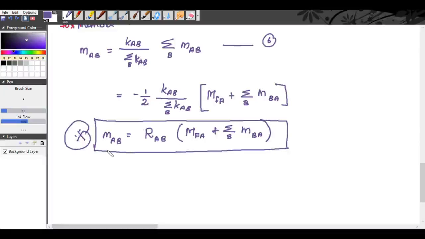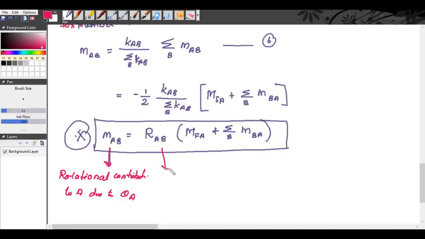MAB is called the rotational contribution to the end A due to theta A. That is MAB.